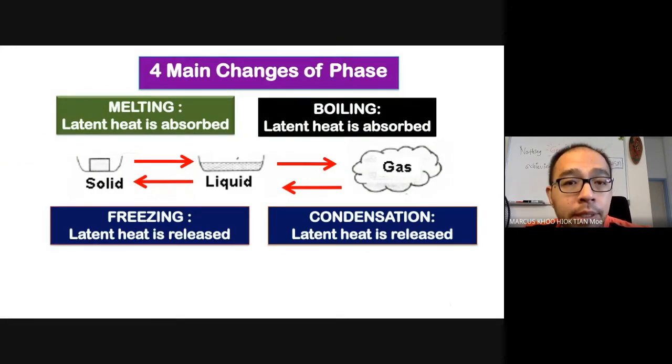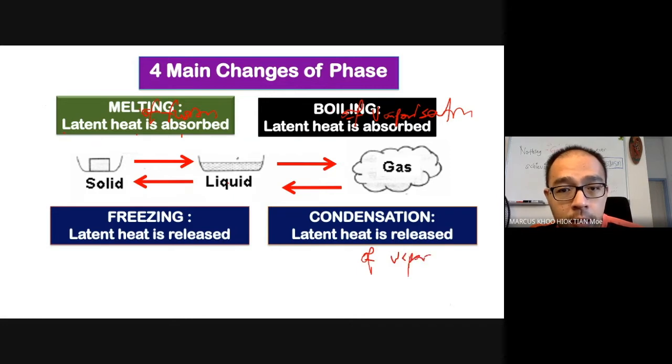So we need to add the words here. When melting happens, latent heat of fusion is absorbed. When boiling happens, latent heat of vaporization is absorbed. When gas changes to liquid, latent heat of vaporization is released.